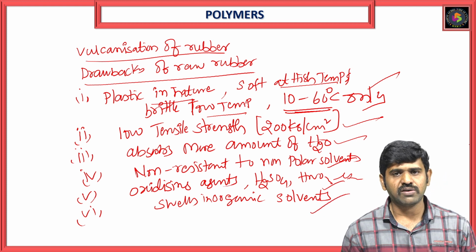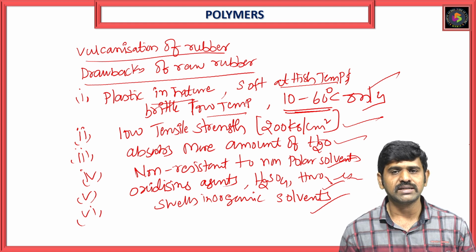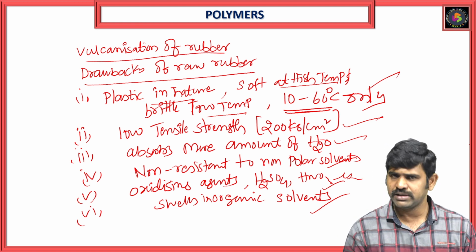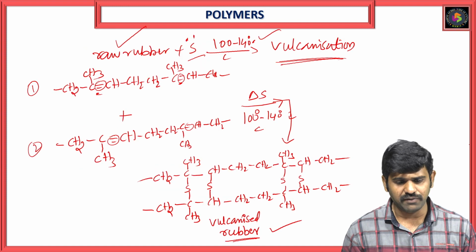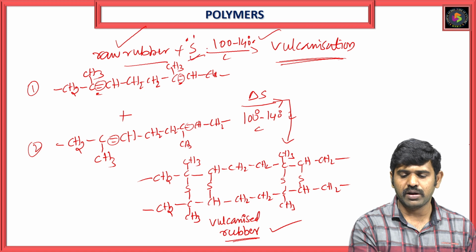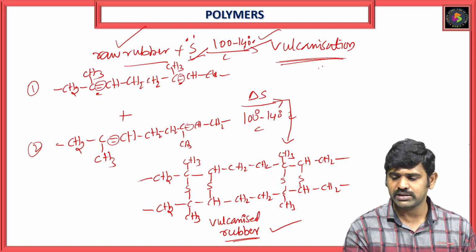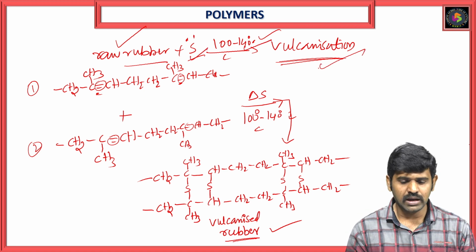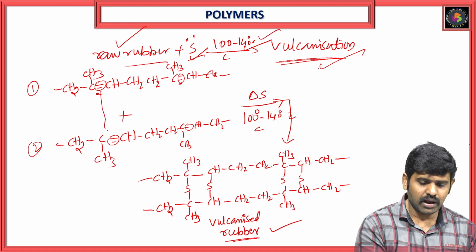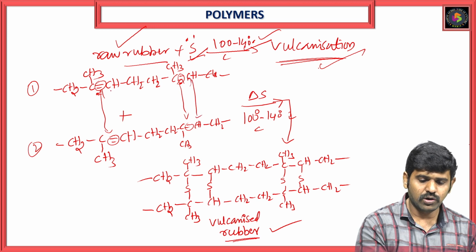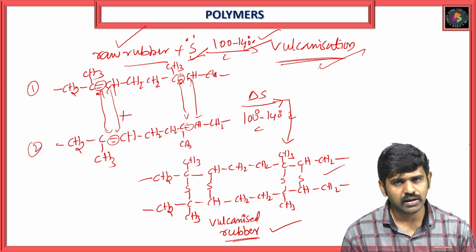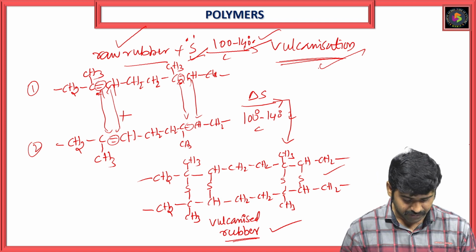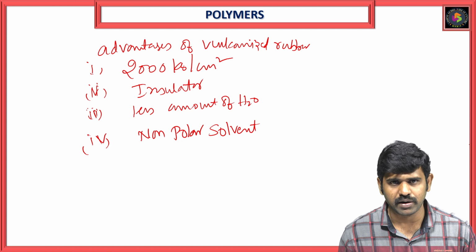So to improve the properties of rubber, it is chemically compounded with chemicals like sulfur, hydrogen sulfide and benzoyl chloride. But the most important addition is addition of sulfur. So the process of heating raw rubber with sulfur at 100 to 140 degrees centigrade is nothing but vulcanization. And the added sulfur chemically combines at the double bonds of two rubber springs. Vulcanized rubber. Next, advantages of vulcanized rubber.